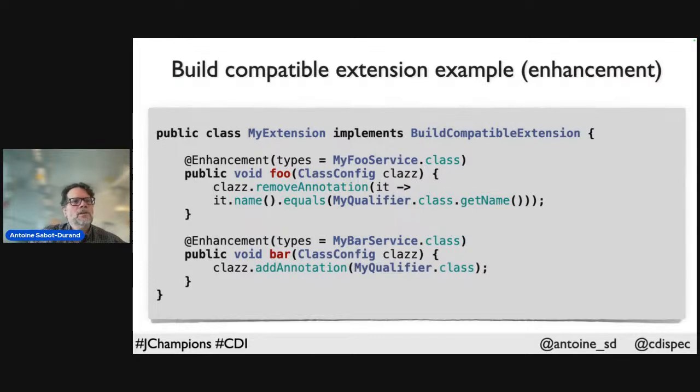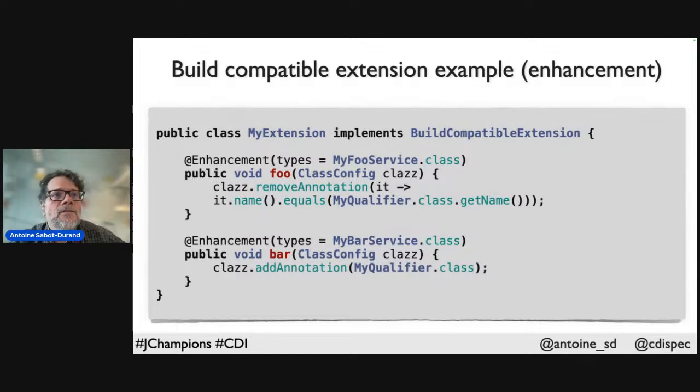So I'm looking for an annotation with the myQualifier value. And the second part of the extension is adding an annotation on an existing class. So I'm doing an enhancement on my bar service class, and I add an annotation on that.